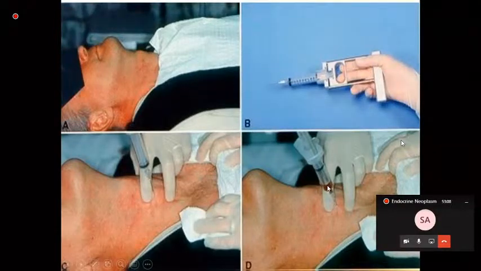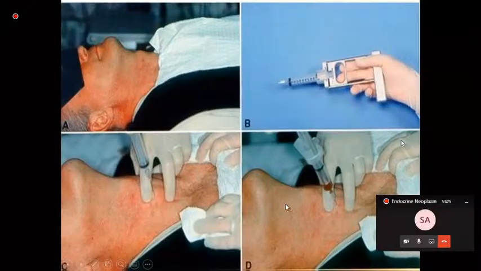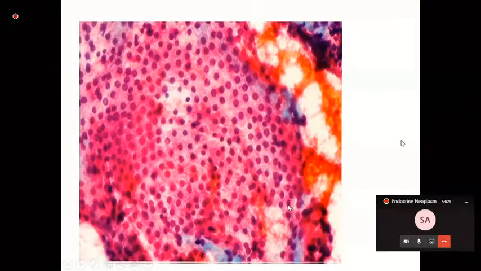Then we spread them onto the slides and put them in alcohol, and we process them for staining. See, it is easy. The process can be done in the outpatient setting. So this is fine needle aspiration.